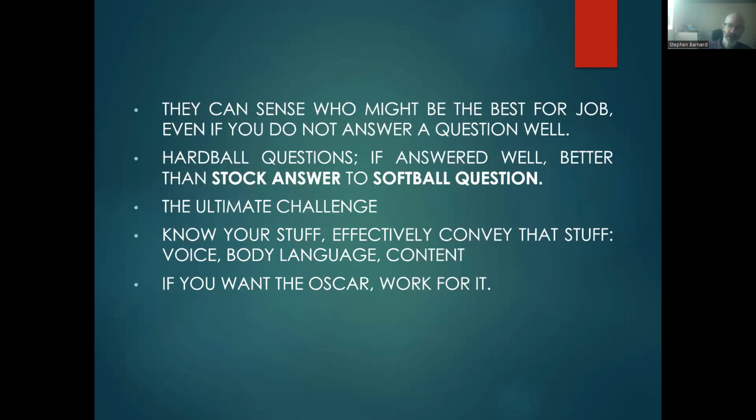They can sense who might be very well suited for the job, even if they don't answer one or two questions well. And they know how to ask the really hardball questions, those questions that make you really think, and you go, oh, I didn't prepare for that question. That sort of interviewer can be almost impossible to fool because they know what they're doing. So if you want to impress that person, you really need to know your stuff. You want to get the Oscar, you want to get the job, well, then you'll have to work for it.